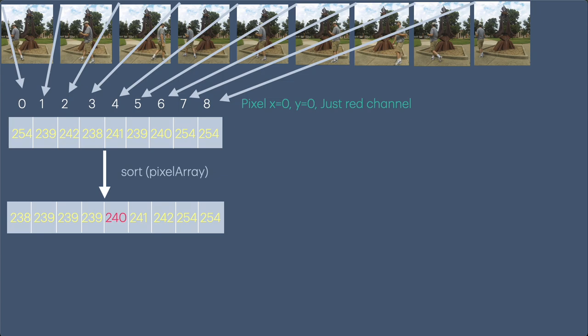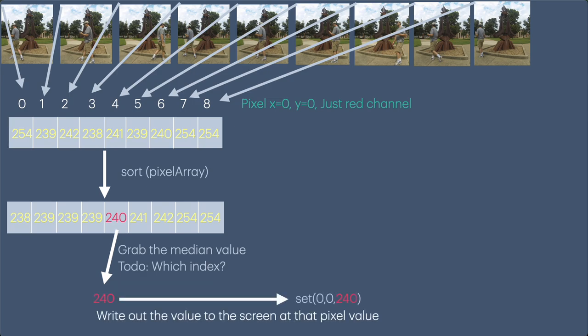And so then we grab the middle index value and figure out which index that is, in this particular case, where our index values are 0 to 8. And we grab that 240, which happens to be at the index we need to get. And then we set 0, 0 to 240.